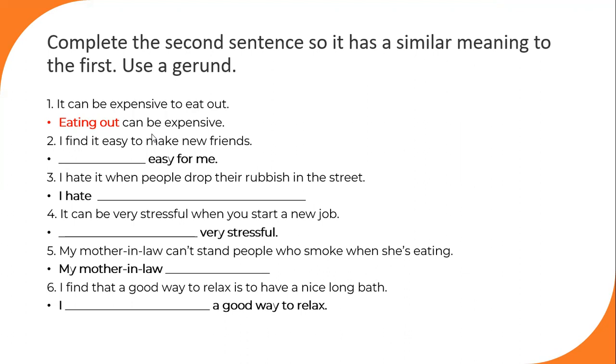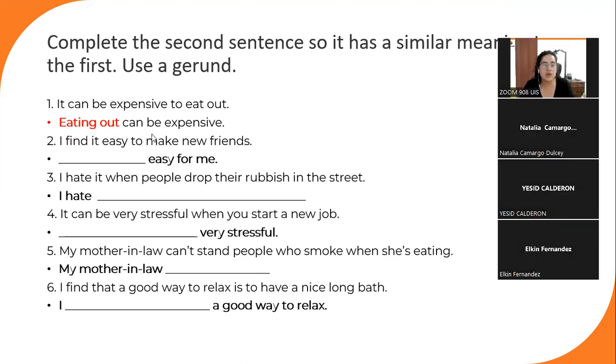This exercise is particularly useful because it is similar to something that we do in the exam: you have a sentence, then you have to transform it so that it is similar to the first one.